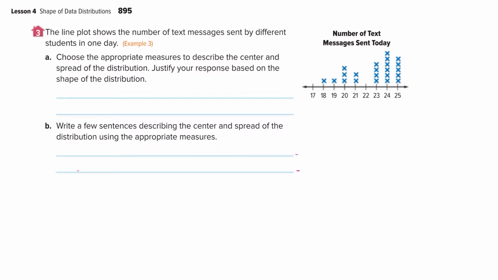So for question A, they want us to find the appropriate measures to describe the center and spread of the distribution. The measures of center would be the median, or the mean.